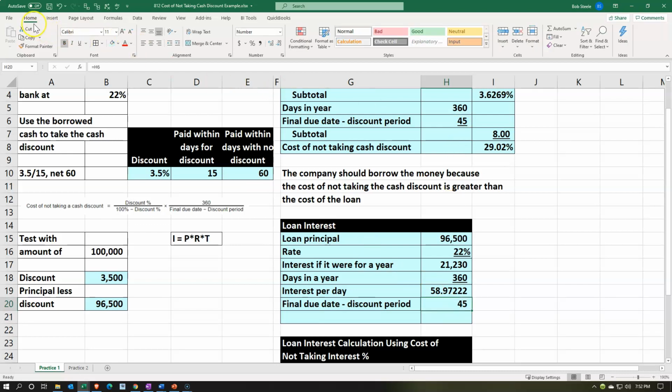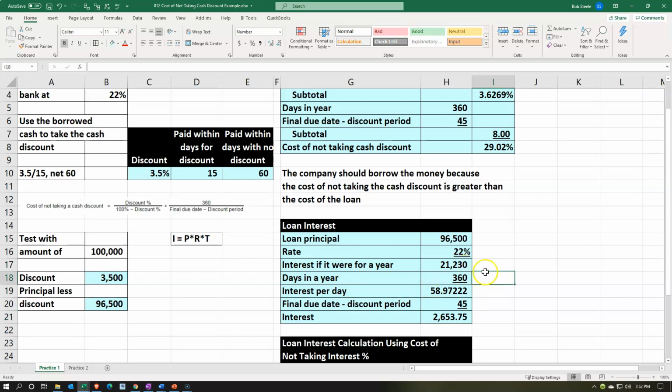So 45 days, home tab, font group, underline, and then that means that the interest, if we calculate the interest, is going to be equal to this times the 45 days. Let's add a couple decimals, home tab, numbers. We'll add a few decimals there. Also note that you could factor in this time factor a different way.